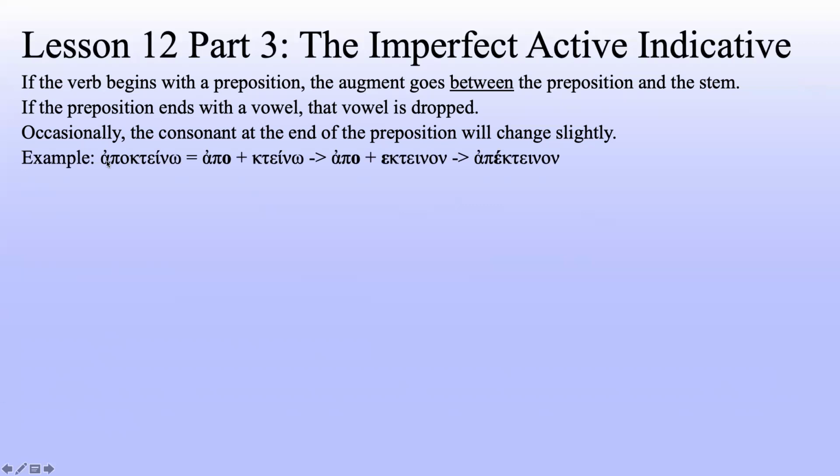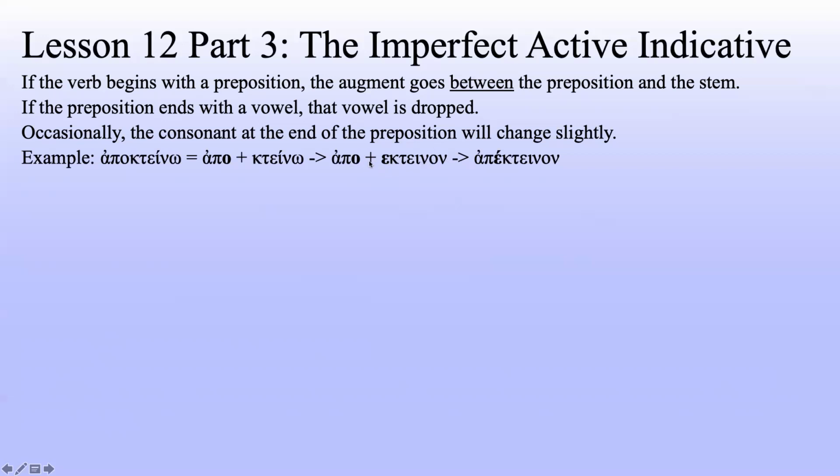So for example, apokteino. We've got apo, and we've got kteino. Now, you may not have realized that that's two separate words because it just all together means die. It doesn't really have any idea of from in it anymore. It used to when this word first got coined. But we have apo and we have kteino. So this is apo plus kteino. When we add an epsilon, then we have apo and then ekteinon, proper ending there.